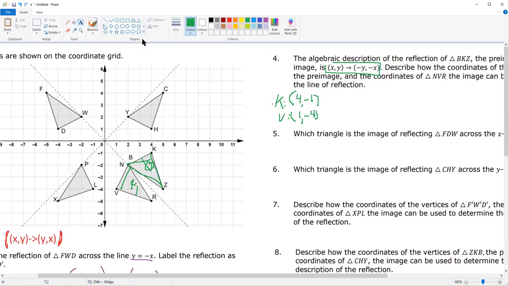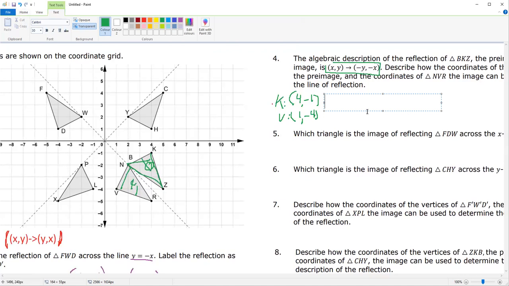And then all you have to say here is that the coordinate values switched places.